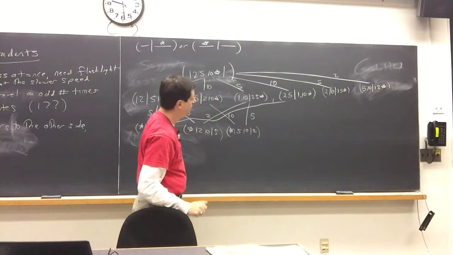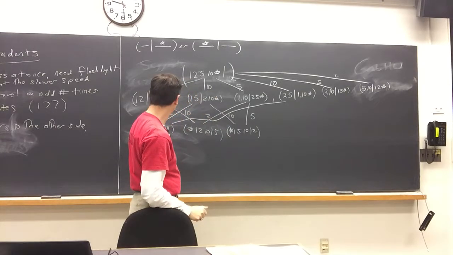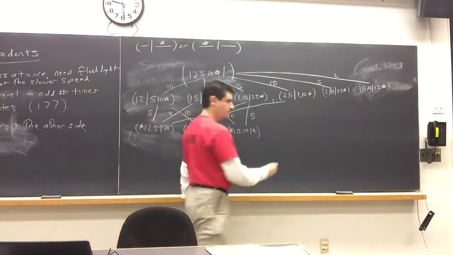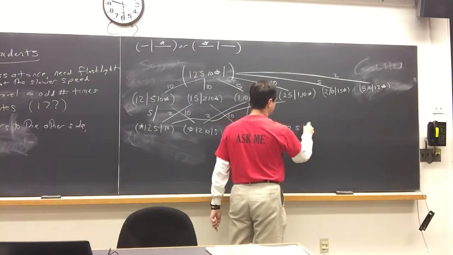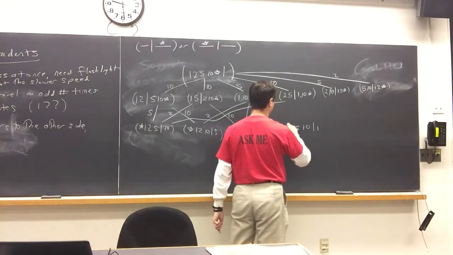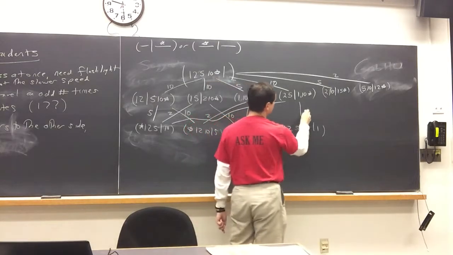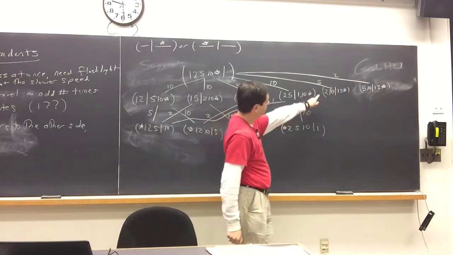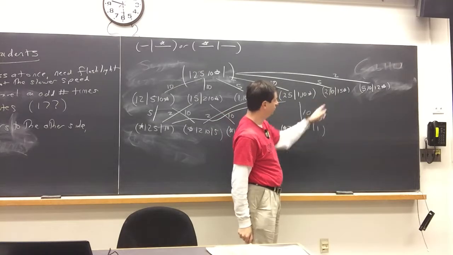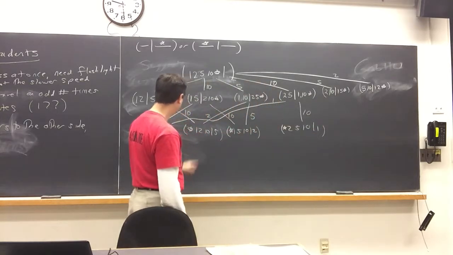We could have 2, 5, 10, 1. I don't think we've written that one yet. 2, 5, 10, 1, and the flashlight here. And if we send 10 over, that's going to be another 10 minutes. We have 2, 10, 1, 5. We could send 1 over and get 1, 2, 10, 5.